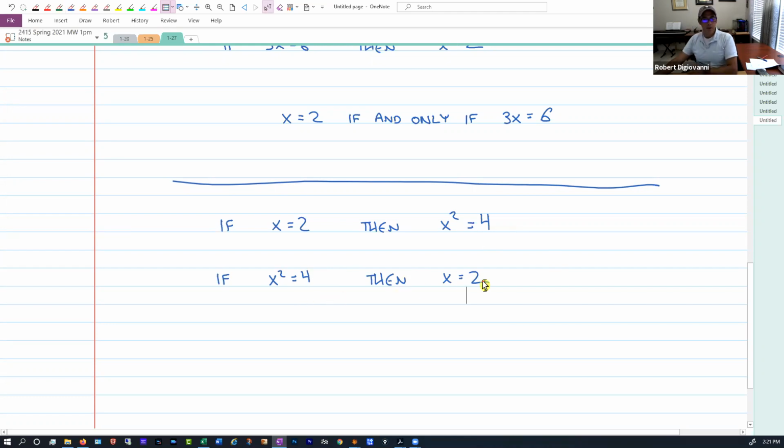Does that work this way? Oh, no, because it could be -2. It could be -2 also. You see? It could be, but it's not guaranteed. This is saying if x squared is 4, then x has to be 2. No, it could be -2. So you could not do an "if and only if" on here. Does that make sense?